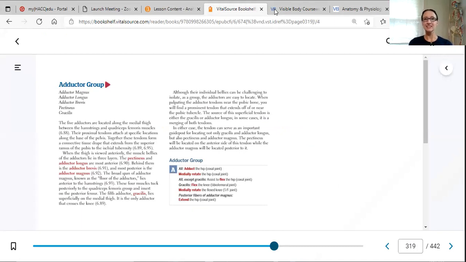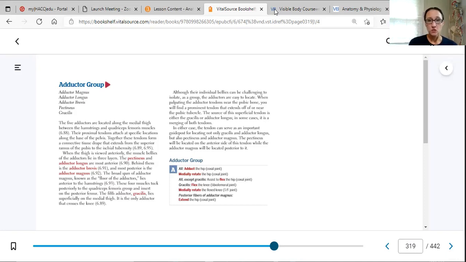Their tendons attach kind of all over the place, but mostly they run from the ischial tuberosity, ramus of the ischium, pubis area, all the way down to the medial thigh at the knee, and occasionally past the knee down to the tibia. So it's a pretty extensive group.